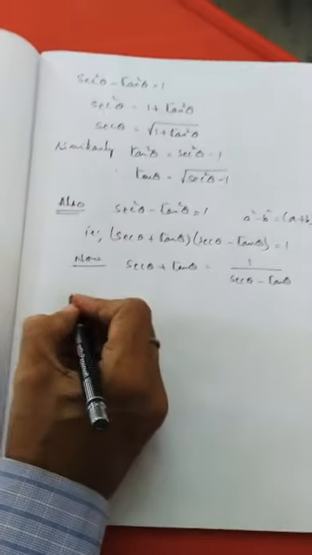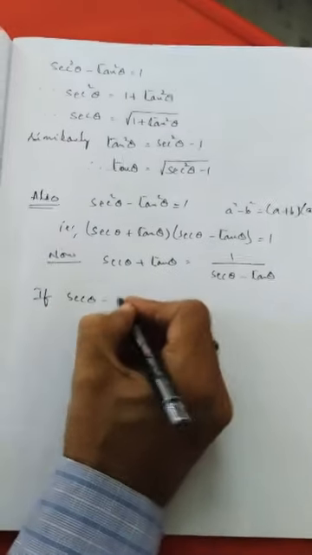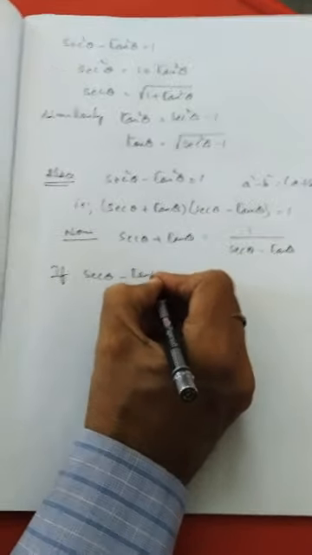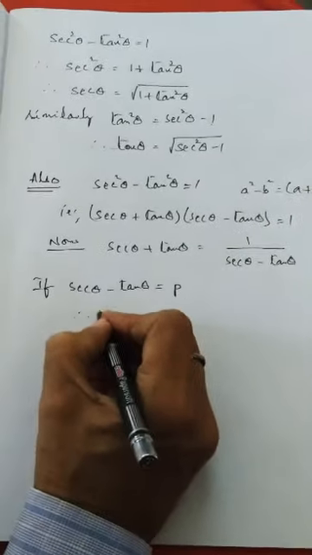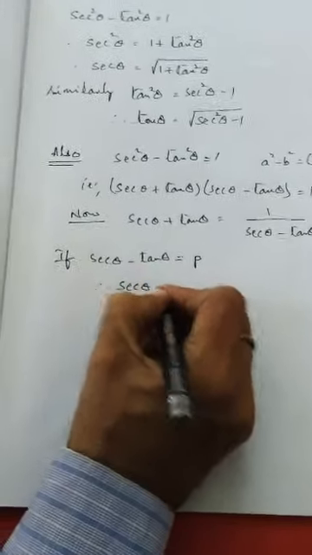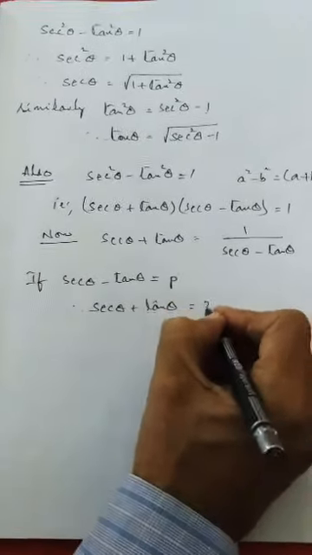In a question they will give you, if secant theta minus tan theta is equal to P, therefore secant theta plus tan theta is equal to how much?